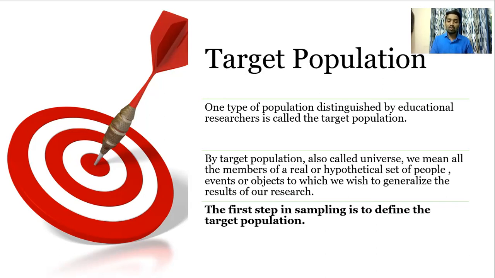Let's move on to the official meaning. A target population means the members of a real or hypothetical set of people, events or objects to which we wish to generalize the results of our research.